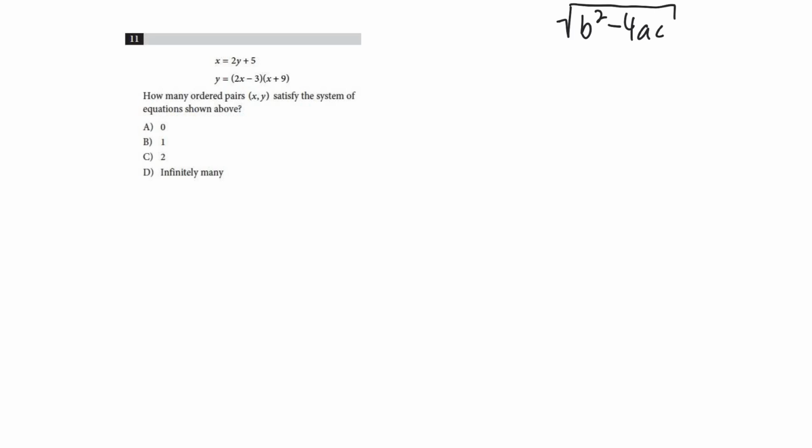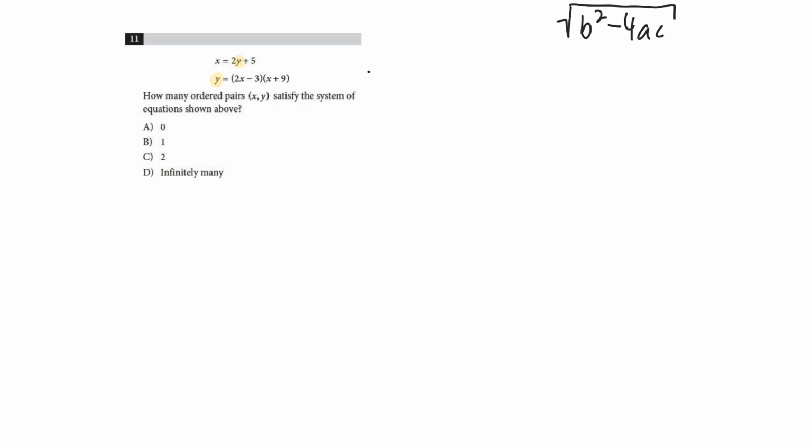So we know that we have an equation solved for x and an equation solved for y. I am going to substitute this y in for this y in the first equation. So it's going to look like this.